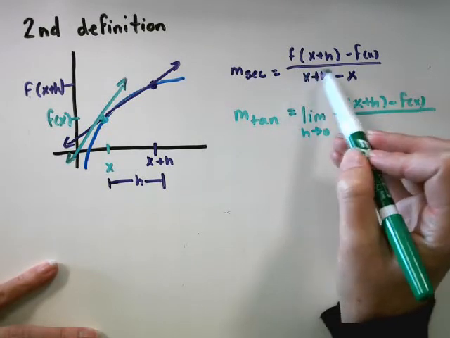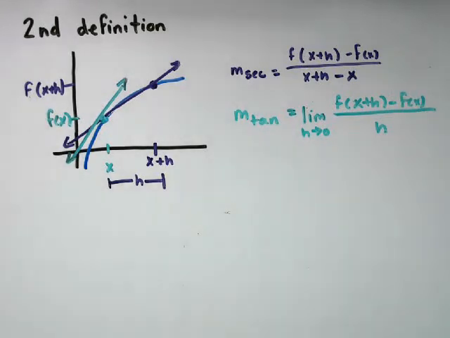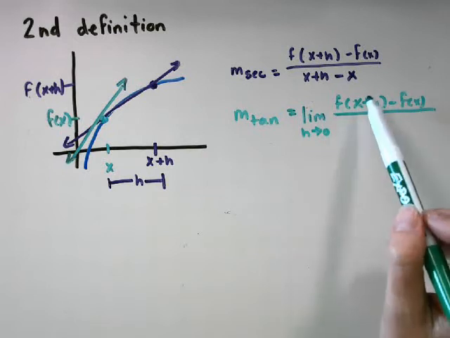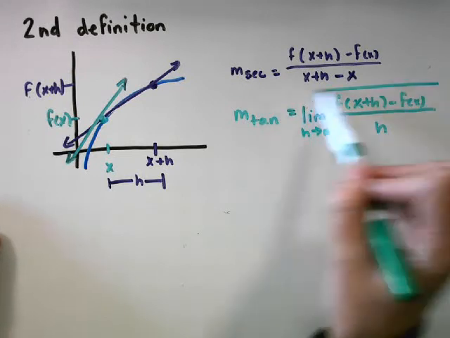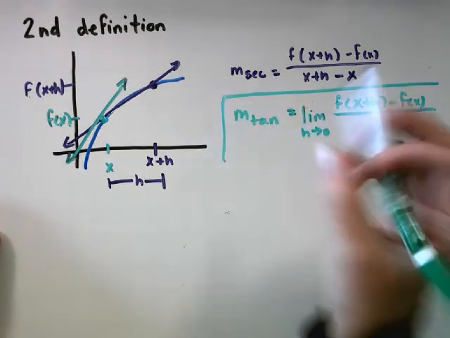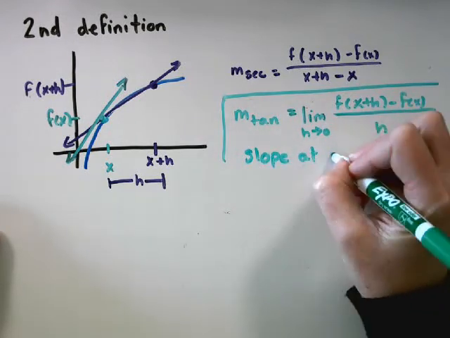So we have the limit as h goes to 0 of f of x plus h minus f of x all over h. This is our second definition. And this one will find the slope at any point. And we'll do an example to illustrate that more.